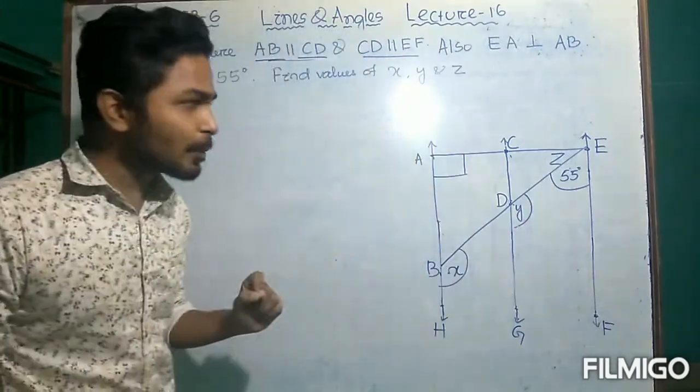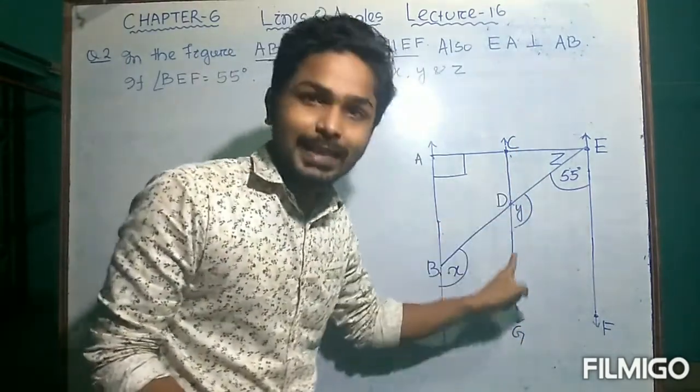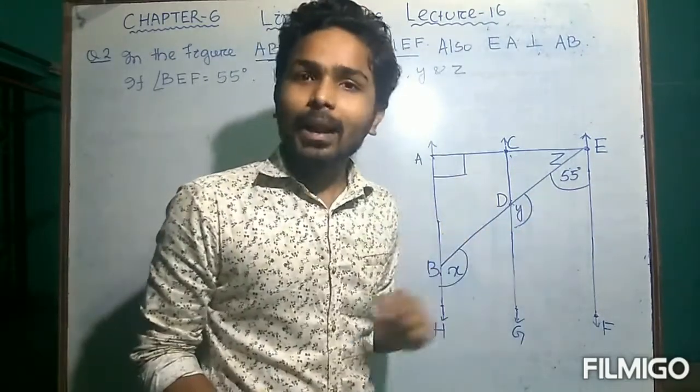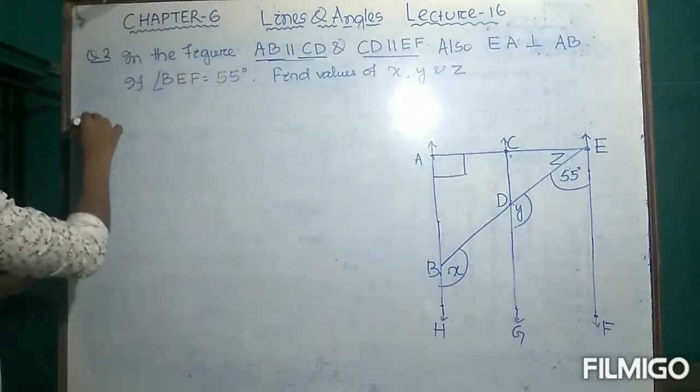According to theorem 6.6, if two lines are parallel to a common line, or parallel to the same line, then the two other lines will be parallel to each other. This is theorem 6.6. Okay?